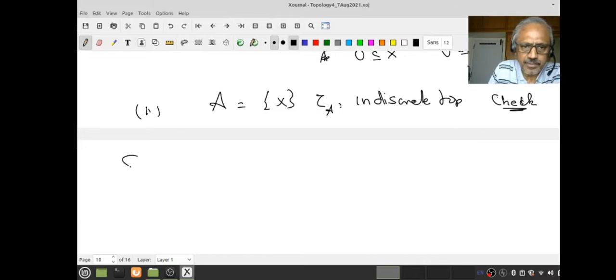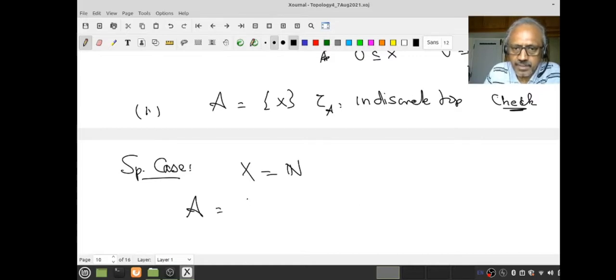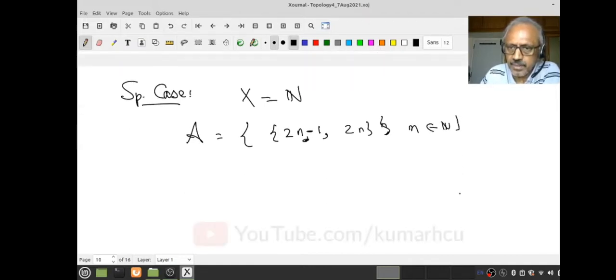Now we come to a special case, so that I can ask a lot of questions. What is the special case? Let me take X equal to the natural numbers N. What is the partition? The partition is the collection of all {2n minus 1, 2n} as n varies over natural numbers. What does that mean?